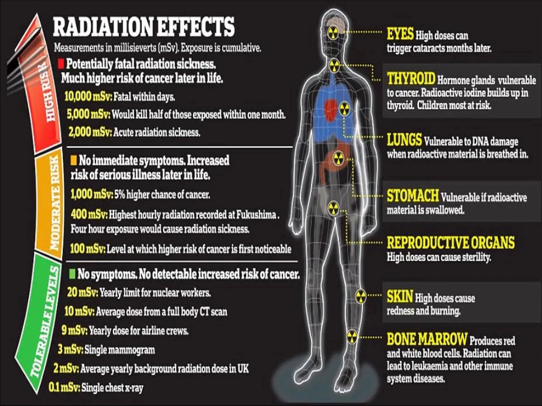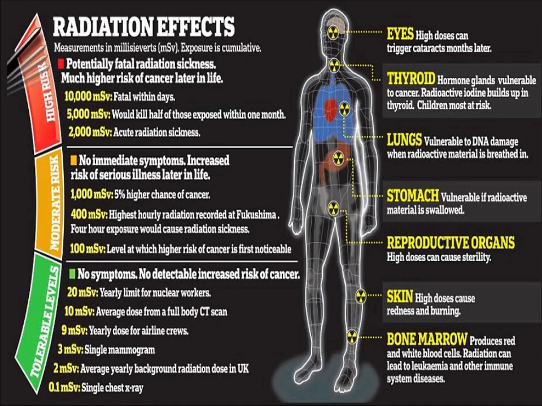If you go to the orange middle at-risk zone, 100 millisievert is the level where the risk of cancer first becomes noticeable. And if we go up to 1,000 millisievert, there is a 5% higher chance of getting cancer. No immediate symptoms will be seen, but there is an increased risk of serious illness later in life.